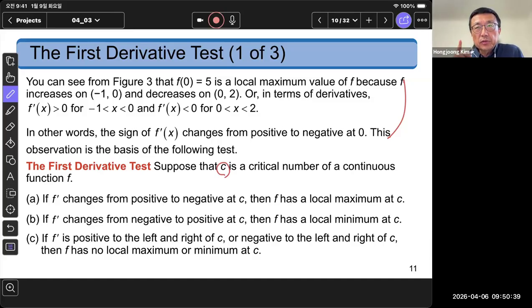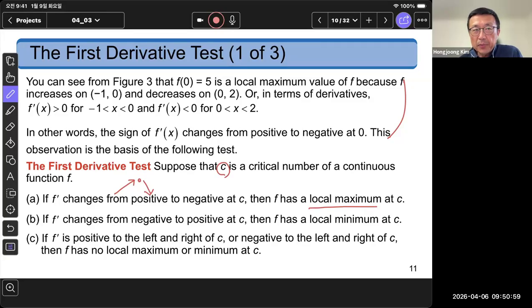Now, if f prime changes from positive to negative, then you will have a local maximum there.